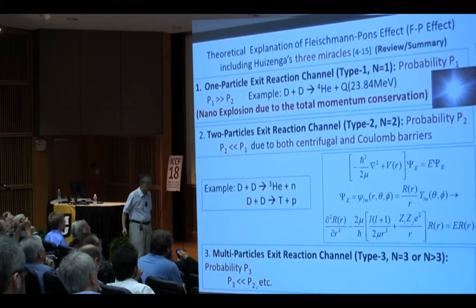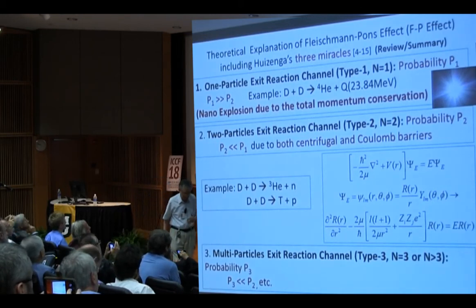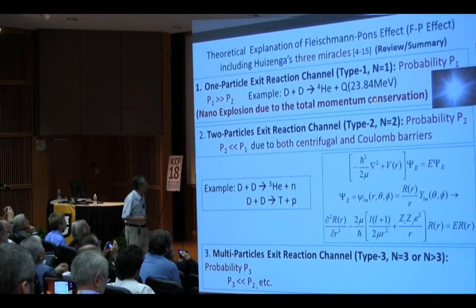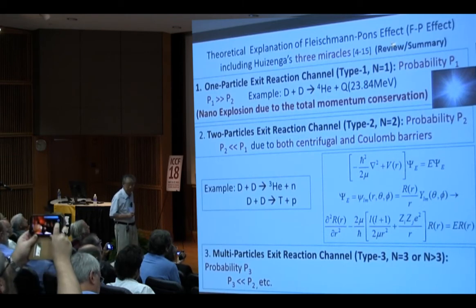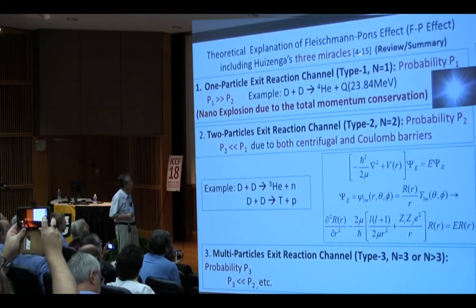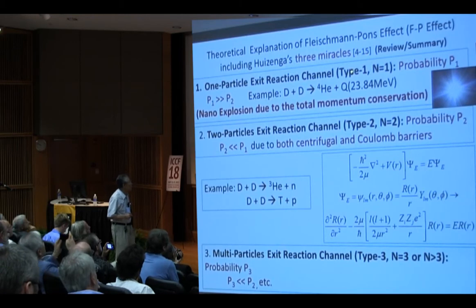So let me now try to explain what's going on theoretically, based upon my theory, not anyone else's. As I said before, all of the detail of my theory can be found in these published papers, conference presentations, and so on.